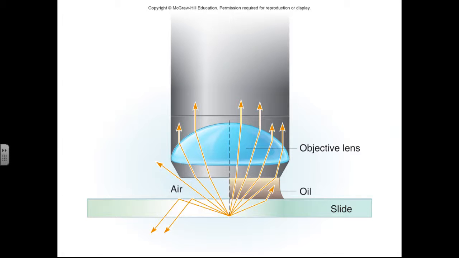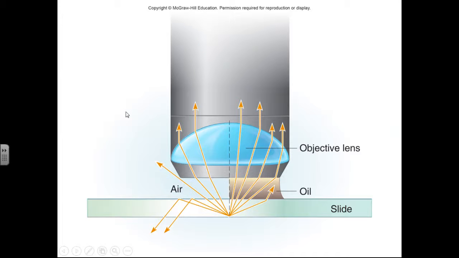The reason we need to use oil immersion lenses is because when we are zooming in on really small areas or small fields of view with the 100x objective lens, we need to make sure as much light as possible goes in through the lens. When light goes through different mediums, from air to glass to water, generally speaking, that light is going to be refracted. It changes directions.